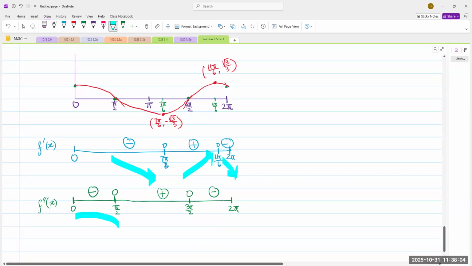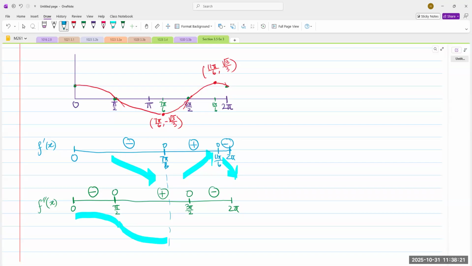Between π/2 and 7π/6, the slope is negative but concave up. And then between 7π/6 and 3π/2, the slope is positive, and it's also concave up.